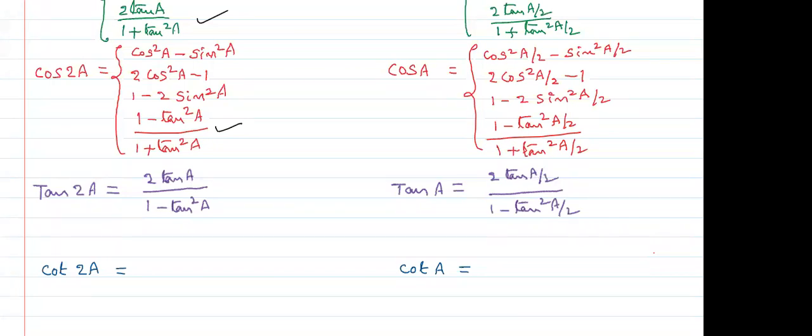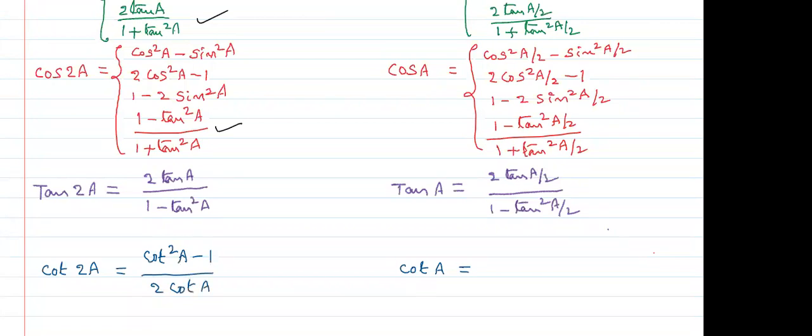Next, the cot 2a formula. This is cot square a minus 1 divided by 2 cot a.